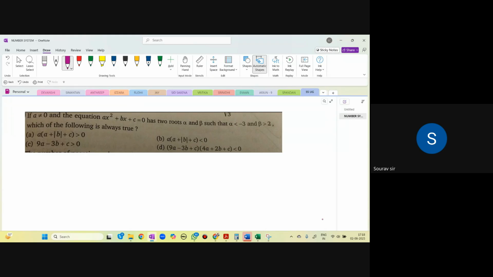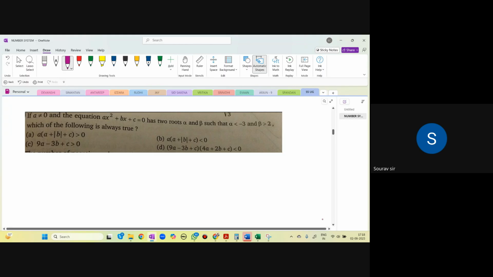This is the third type. Here, the equation ax square plus bx plus c equal to 0 has two roots, alpha and beta, such that alpha is less than -3 and beta is greater than 2. Okay? And a is not equal to 0.